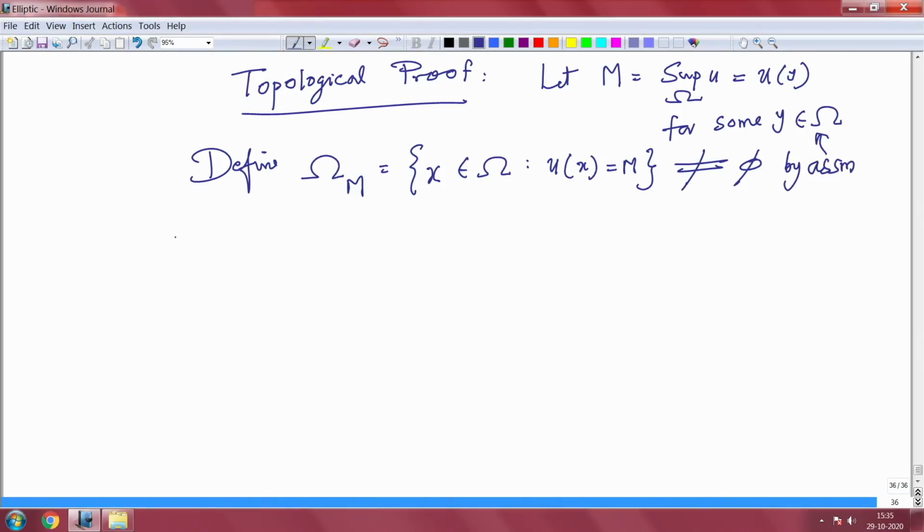So we will prove that omega m is both closed and open.